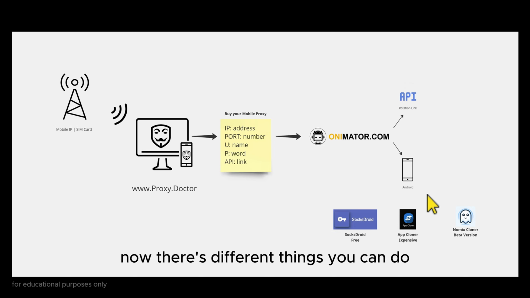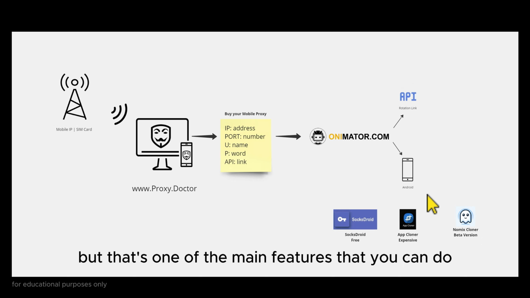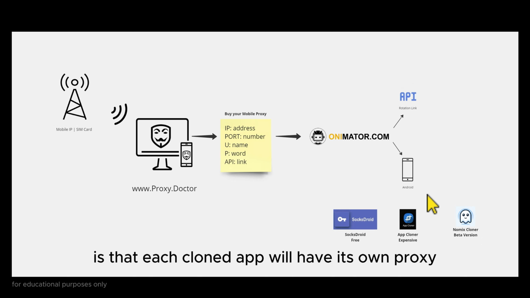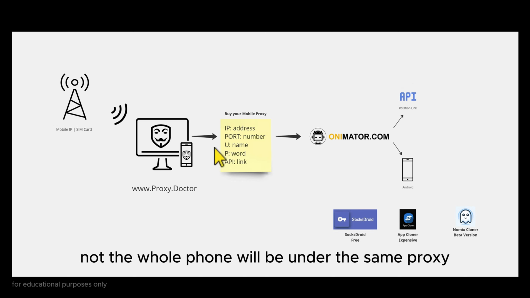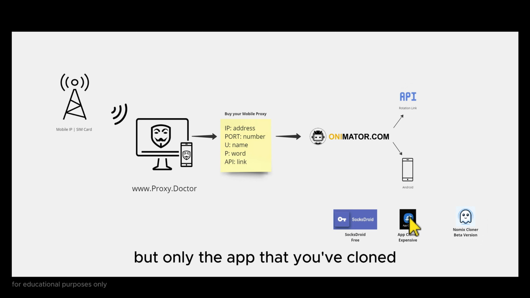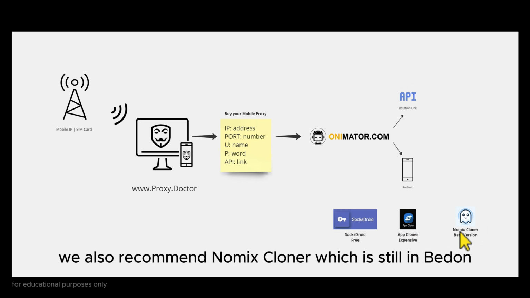There are different things you can do while cloning an app, but that's one of the main features. So in this case, with App Cloner, not the whole phone will be under the same proxy, but only the app that you've cloned.